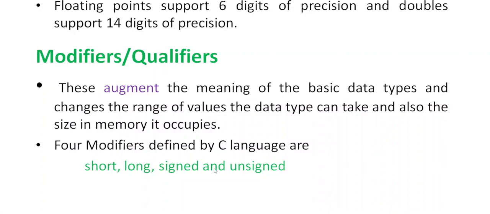Signed indicates that you are interested in signed values. Unsigned means you are interested in only unsigned values. Short, if you want to limit the values. Long, if you want to extend, that means increase the size of, say, integers.